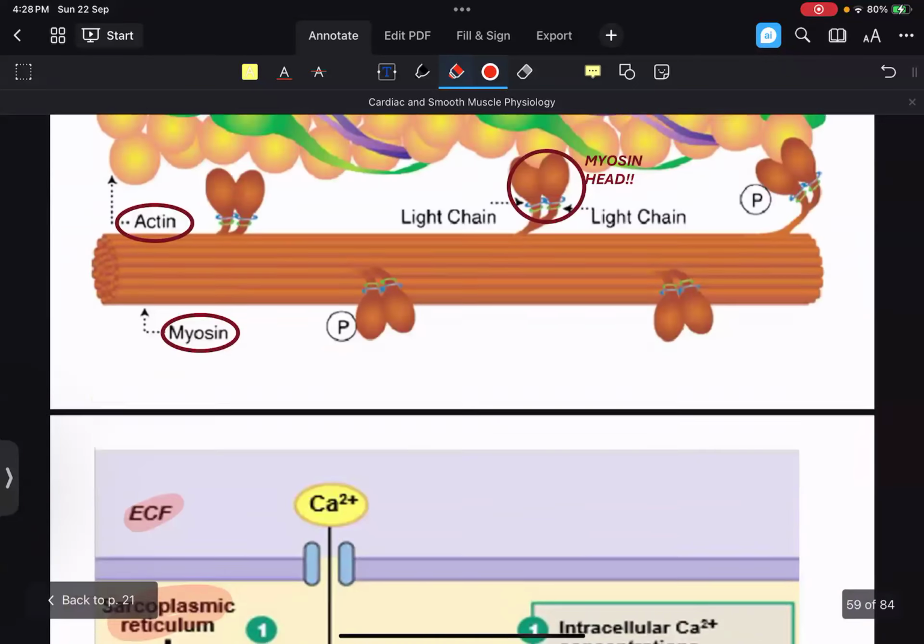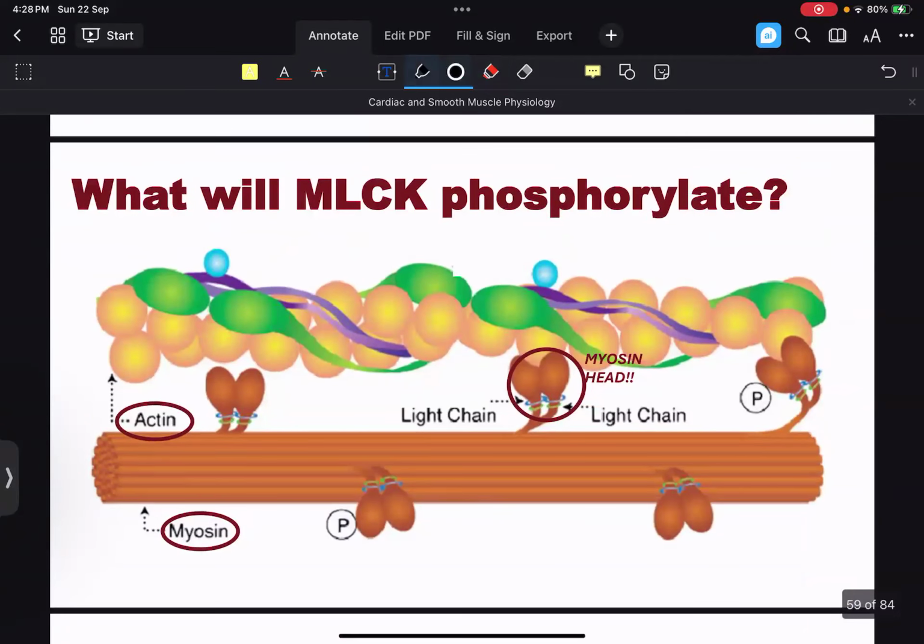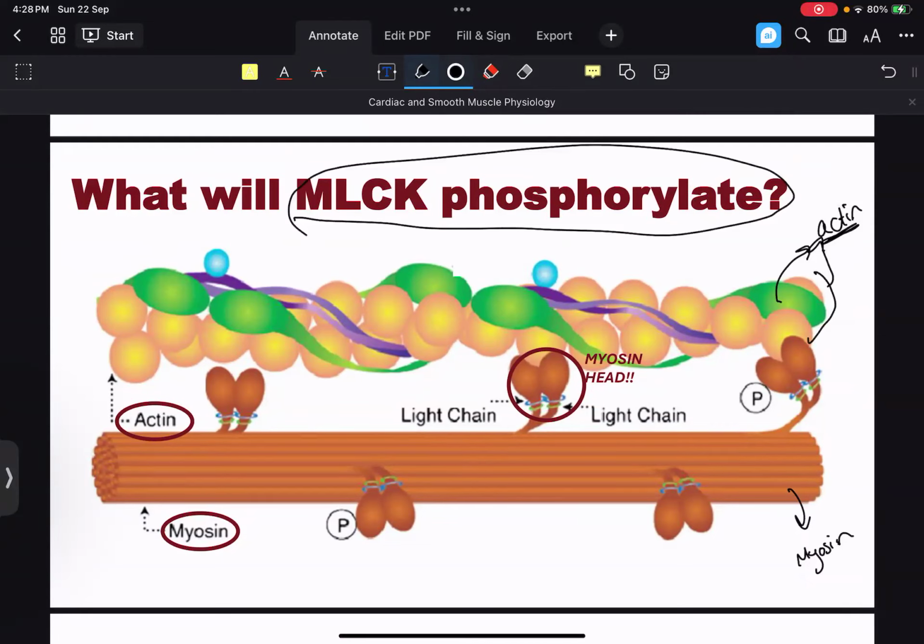Okay, so let's go back to this diagram now. Once again, I put the diagram of the thick filaments and the thin filaments for you. This is your thick filaments. This is your myosin. And then this is your actin. Well, not this specifically, this whole thing, okay? This is your actin. And as I said, your myosin light chain kinase will go and phosphorylate the myosin heads with the myosin light chain.